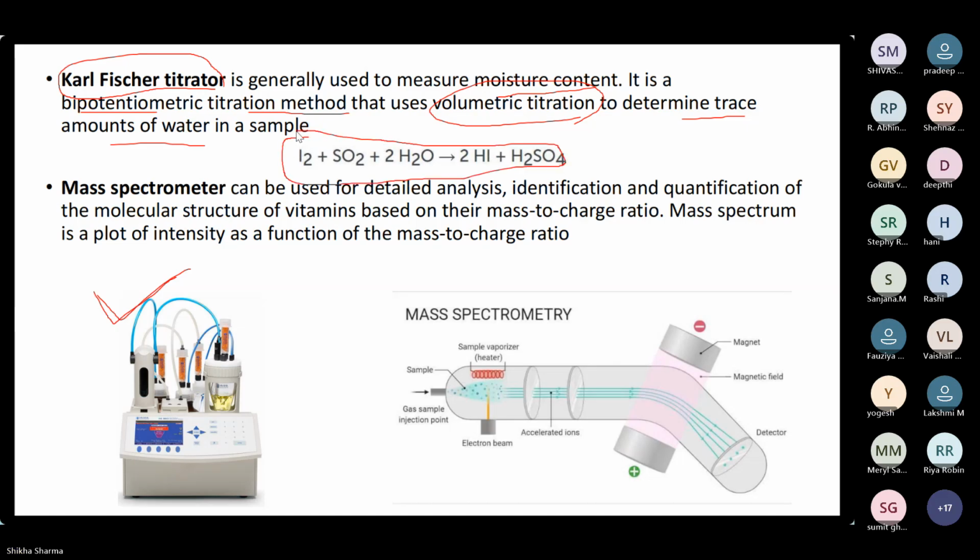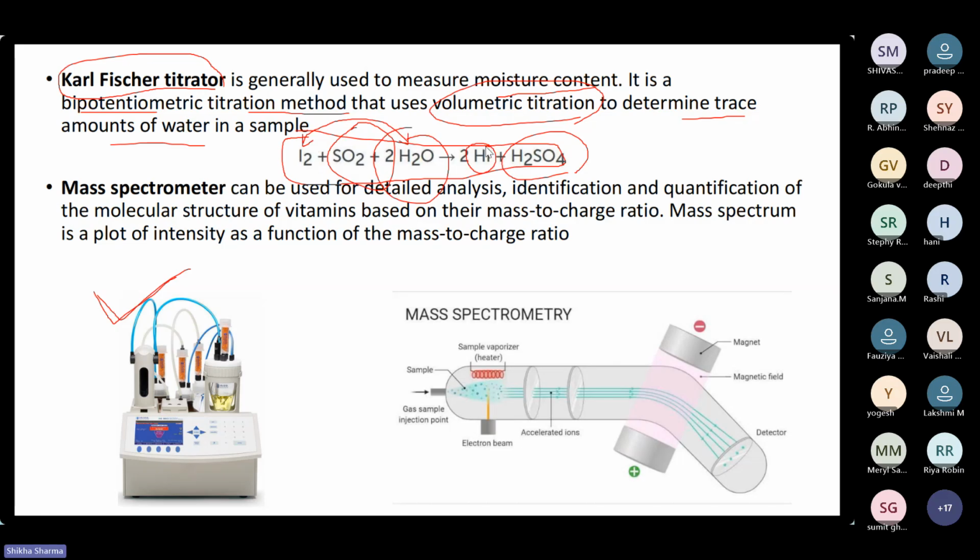The water present in the sample reacts with SO2, which is sulfur dioxide, and forms H2SO4, and the H reacts with iodine, so it forms HI.